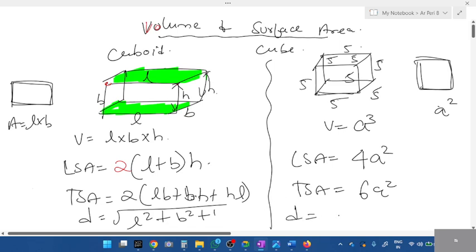Diagonal is equal to... right, cube, cuboid. Just take down the formulas, cube and cuboid. And go through whatever I've written.